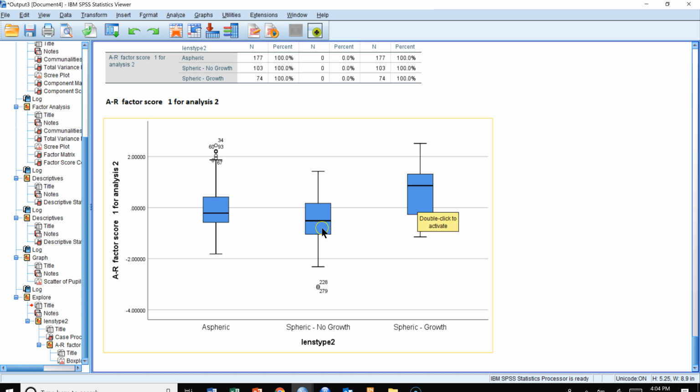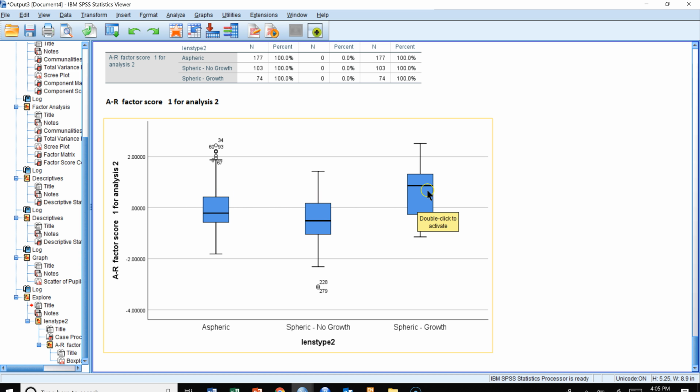And the lowest factor score is for those that had a spherical lens and had no growth, and aspheric is in the middle. Now, this is a propensity matched sample, so aspheric always falls in the middle by definition, because we balanced all the parameters on aspheric and spheric.